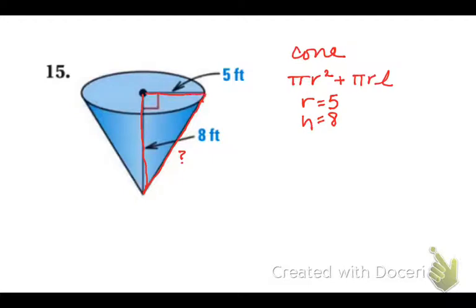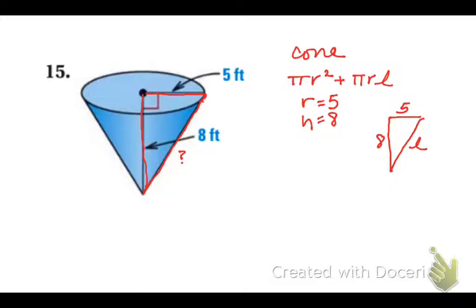Well, you make a triangle. So when in doubt, always make a triangle. So here we have a triangle, and our height is h. This base here is 5, and this is going to be our slant height.